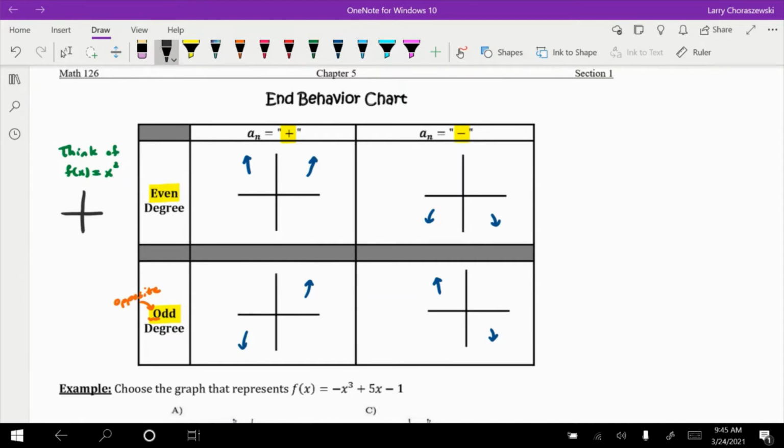A quick sketch of x squared is what I'll include underneath it. Okay, it was a parabola, and x squared represents a function with an even degree, and as you can see, both ends are pointing up. And they're pointing up because the leading coefficient of something like x squared is a positive 1.